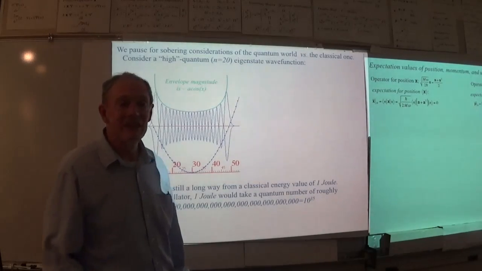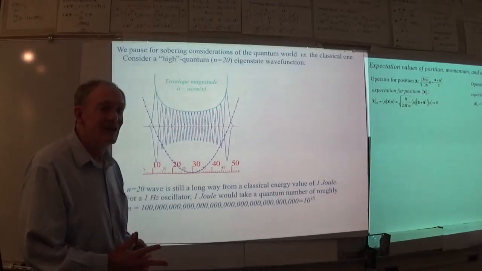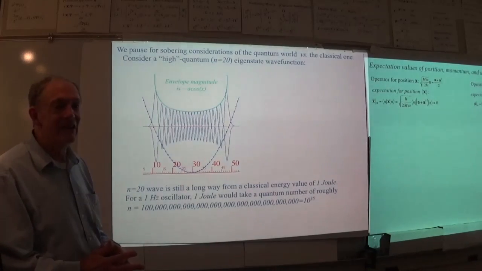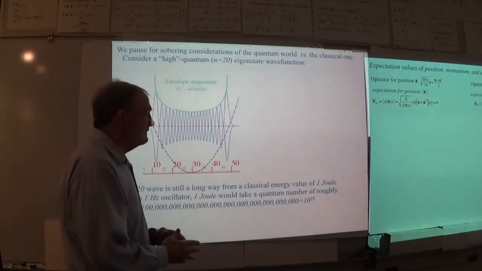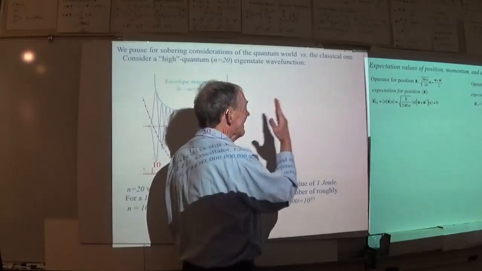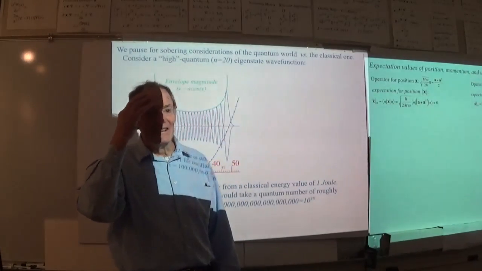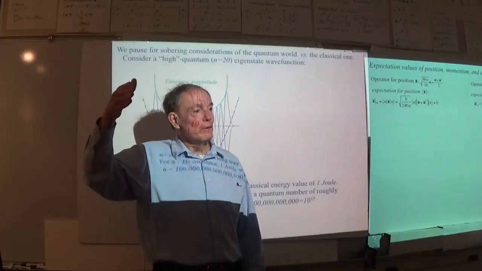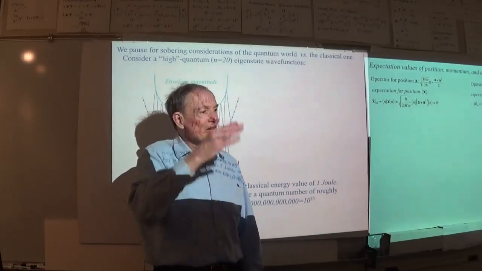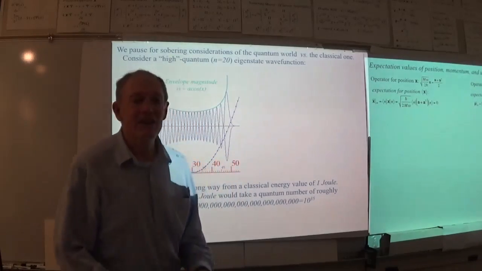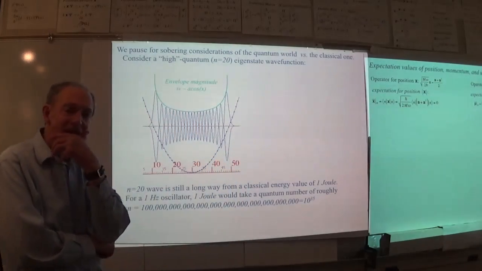Dr. Harter, how did you find out that the envelope magnitude would be arc cosine? Did you just look at the shape? I just did this. I said, of course, this is a cosine, right? What's the probability it'd be here, here, here, and here, right? That's why it's arc cosine. It's really simple.